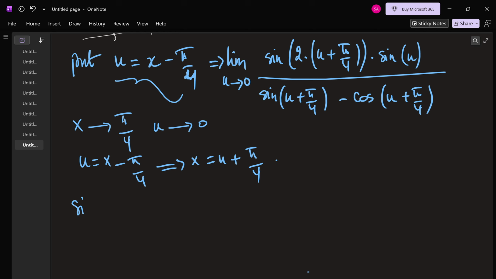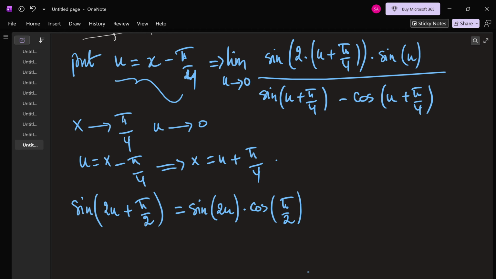The first one, which is sine of 2u plus pi over 2, becomes, using the laws of trigonometric functions, simply sine 2u times cosine of pi over 2 plus sine of pi over 2 times cosine of 2u.